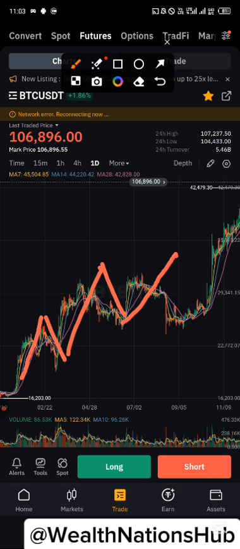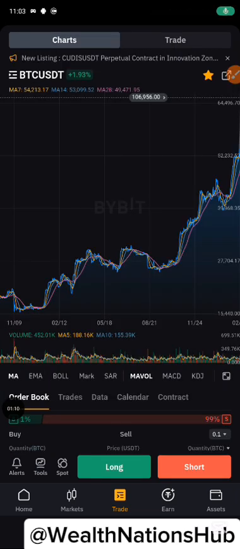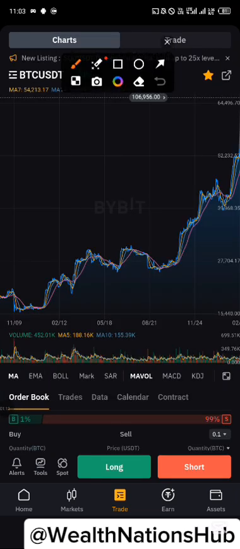If you look at it very well, let me get the pattern well. Now, as I said before, when the bullish sign goes up, it retraces back a little, goes up again, and then retraces back, and it goes up.